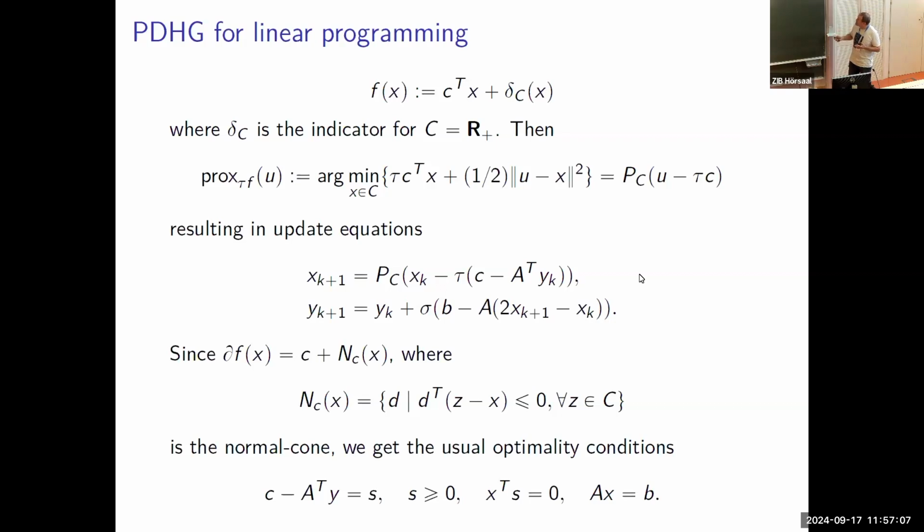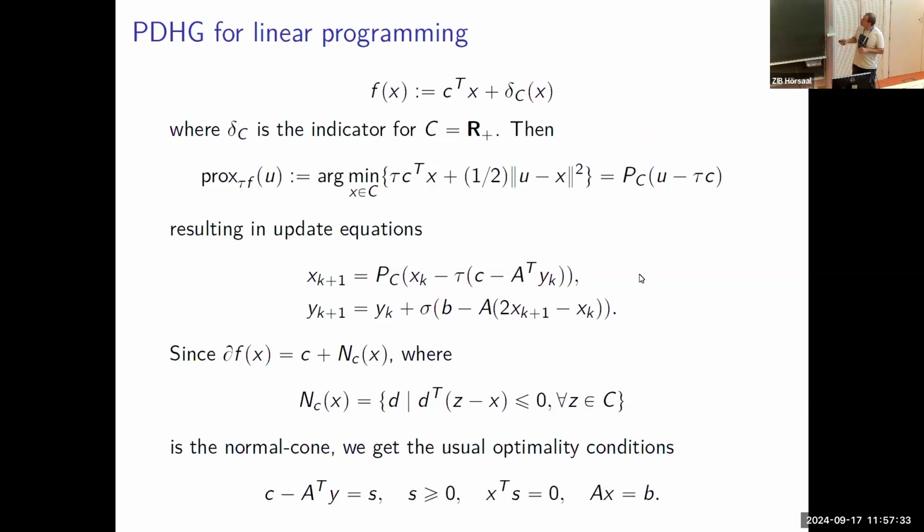This is the definition of the normal cone. Then showing that this boils down to the usual optimality condition, c minus A transpose y is s, where s is the minus d you have here, is not easy, but not hard either. So the good news is that we have things we're used to from LP.